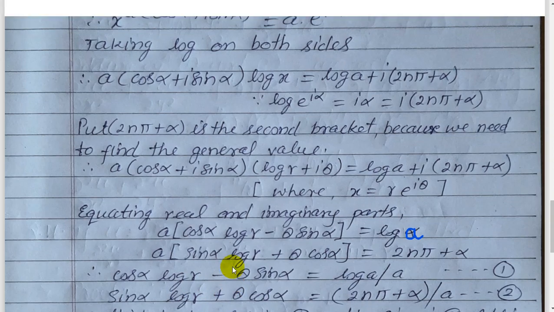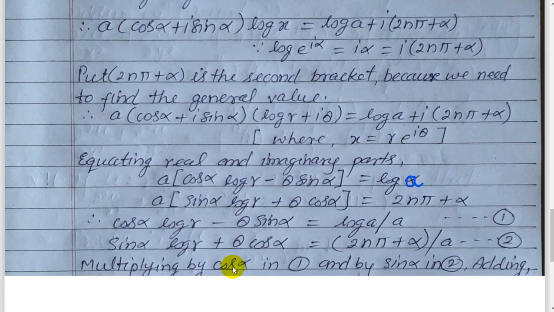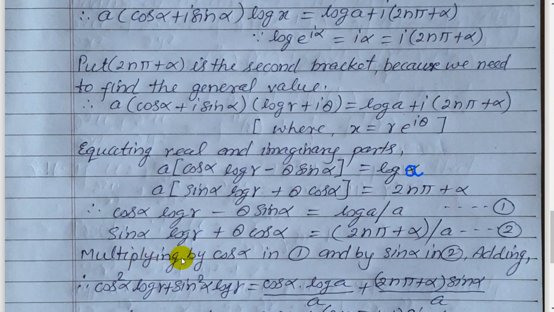For the best solution, multiplying by cos alpha in equation 1, and multiplying by sin alpha in equation 2, and then adding these two new equations, we get, see the left hand side first. If we multiply by cos alpha, here we get cos squared alpha log r minus theta into cos alpha sin alpha. See only the left hand side first.